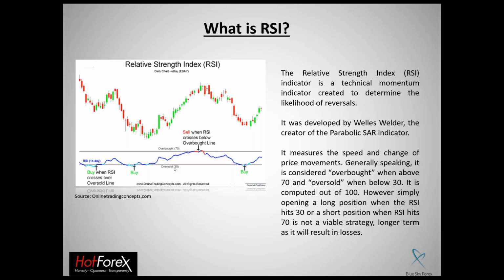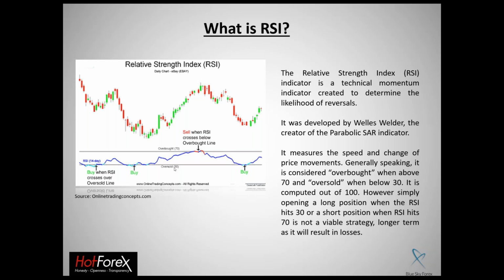Now, considering the level of 70 and the level of 30, a very simplistic approach, just to get the idea through, as I explained before, is that when the price is overbought, you can look for an upcoming reversal and trade short. Anything above 70 is usually considered overbought and anything below 30 oversold.